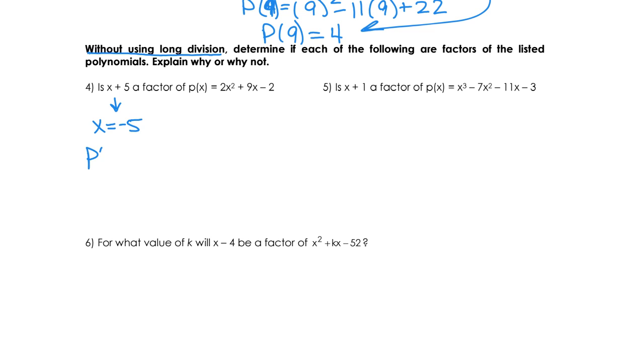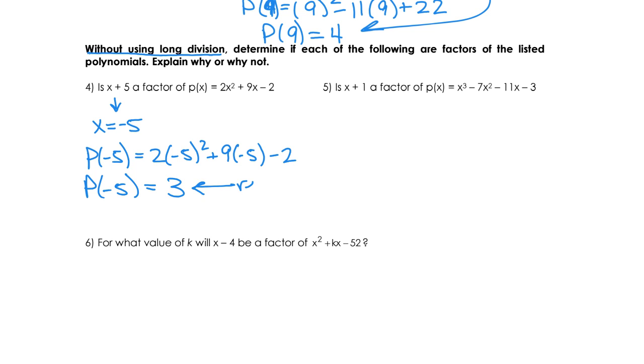And now we're going to do p of -5 equal to 2 times -5 squared plus 9 times -5 minus 2. We're going to put that in our calculator and see what we get out. Okay, so 2 times -5 squared plus 9 times -5 minus 2, hit enter, and it equals 3. That 3 is the remainder. All right, which means that x plus 5 didn't go in a whole number of times, and therefore it is not a factor.